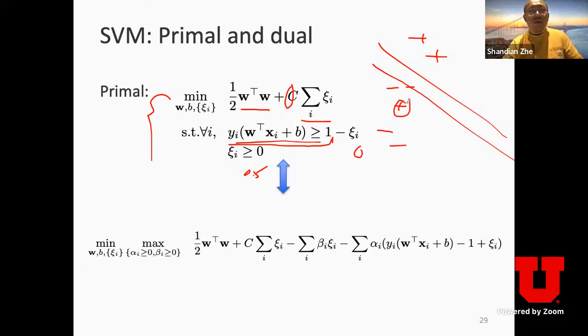And the reason we put the summation of those slack variables KCI in the objective is we want to avoid as many examples breaking into the margin as possible, because that will cause your training error to be large.